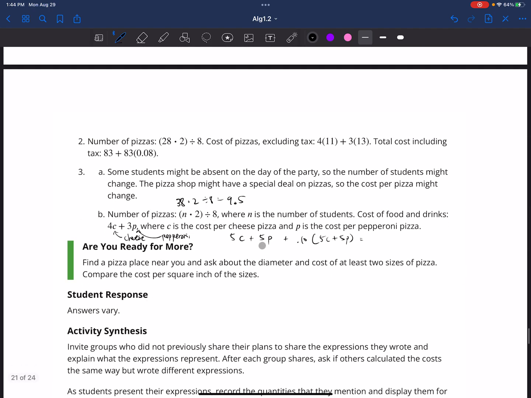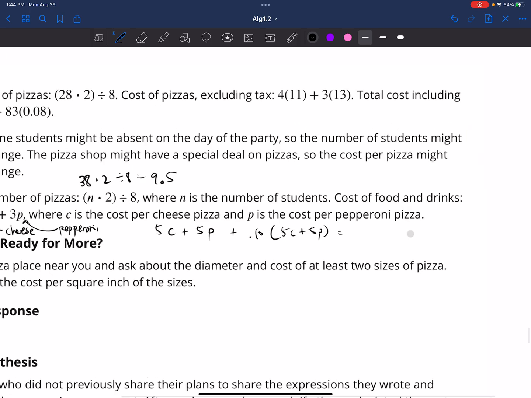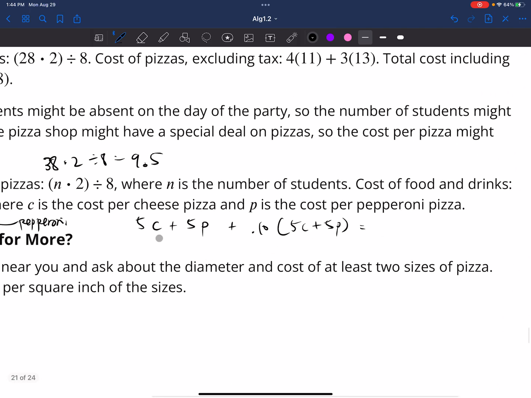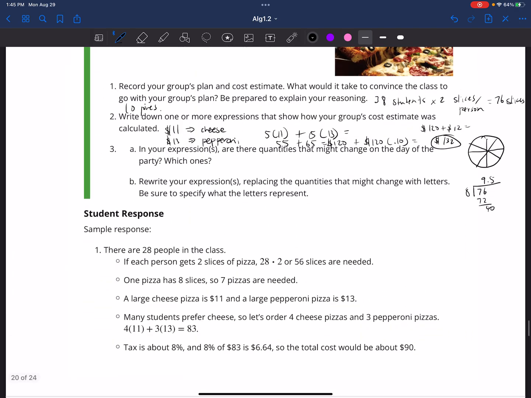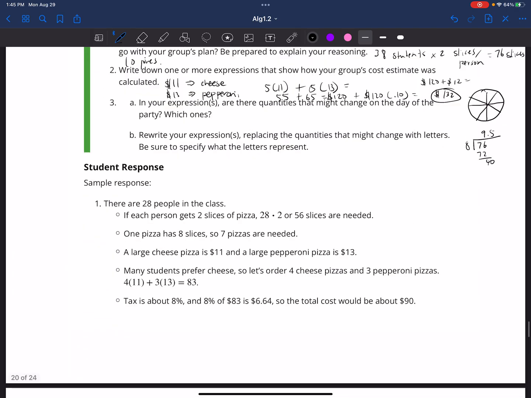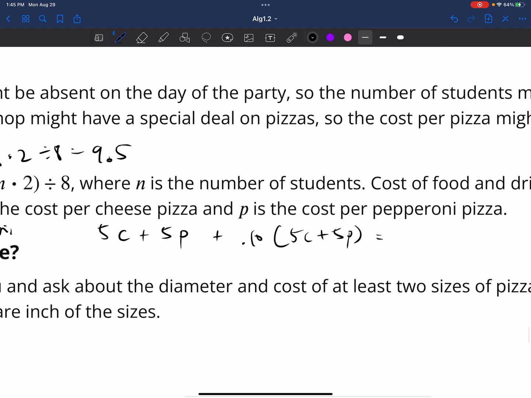So that is one way to write that equation. If you buy 5 cheese pizzas at $11 and 5 pepperoni pizzas at $13, you do this entire expression and you should get 132.